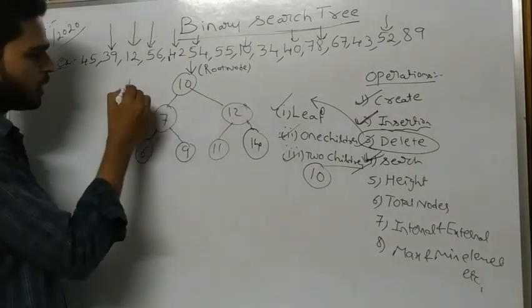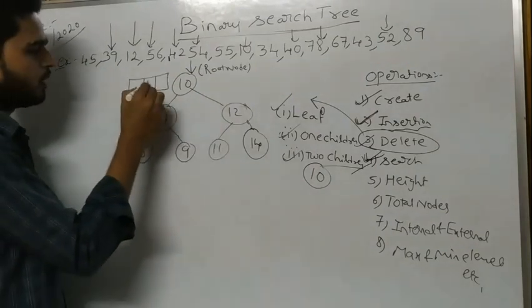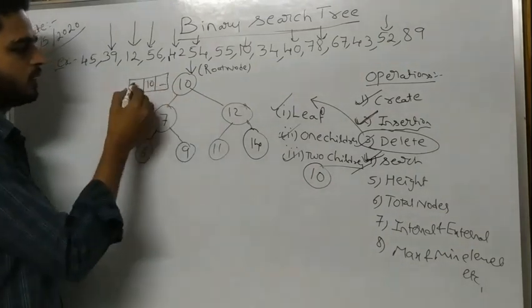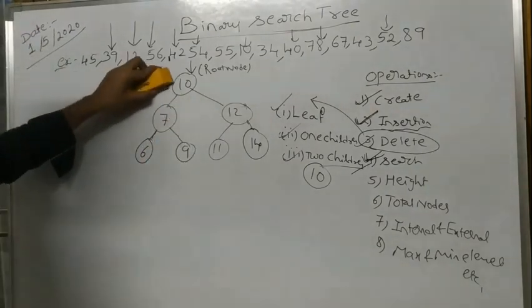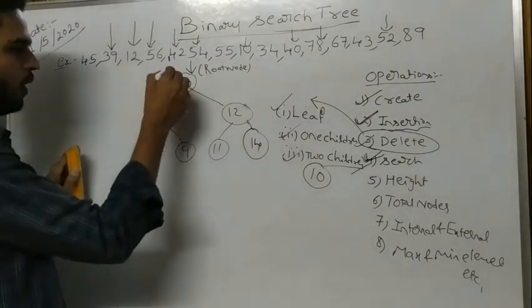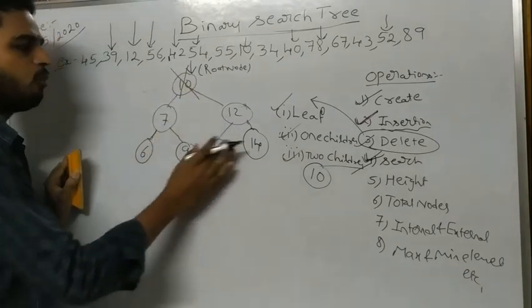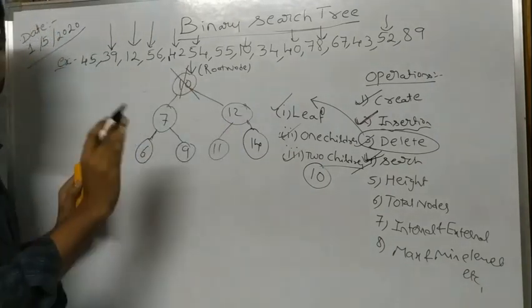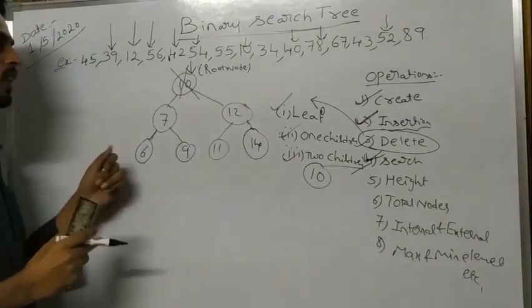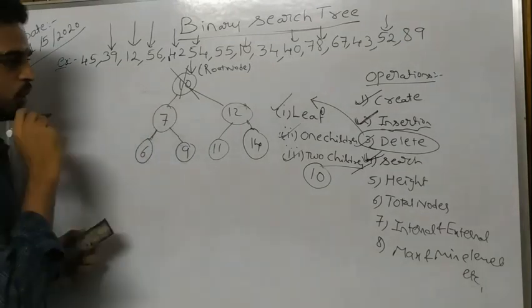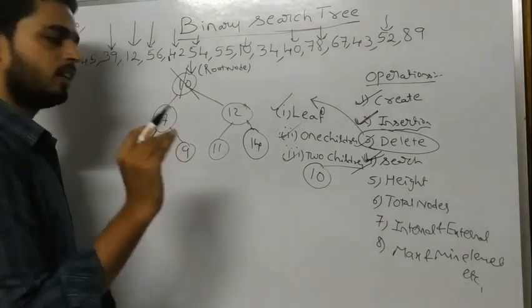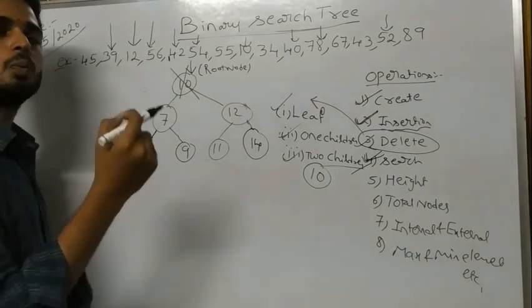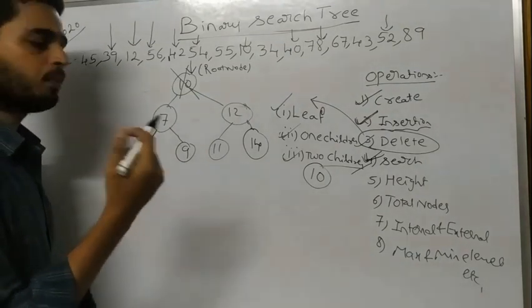I observed that this node 10 has two children. If I want to delete this node, I want to make one of them the root node. Which one will I take as the root node? The best one. Generally you can do it in any way, but you have to do it in an efficient manner.